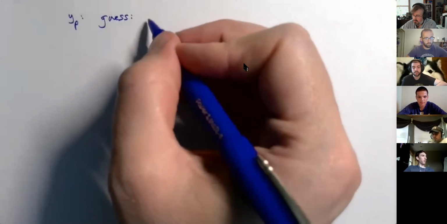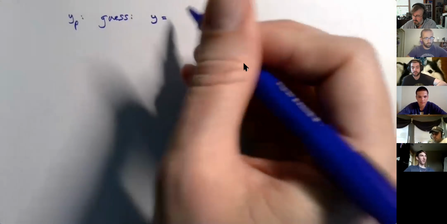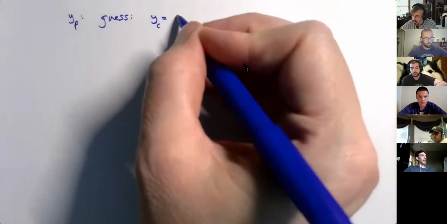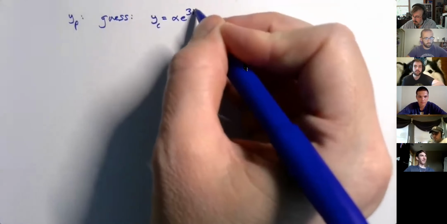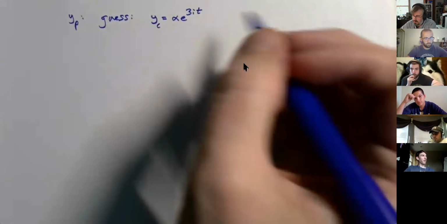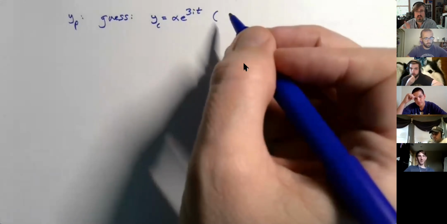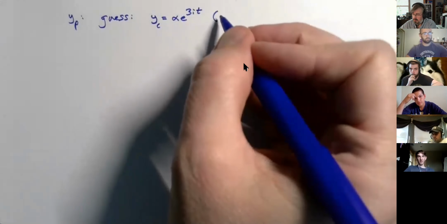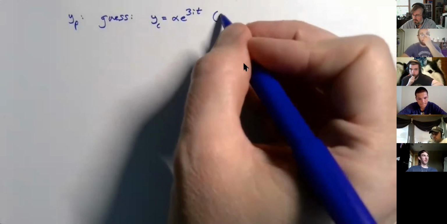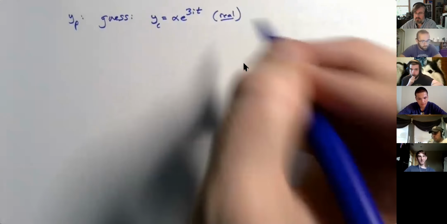So what's our guess? Our guess for y sub c was alpha e to the 3it. Okay. And then if you take that derivative, it should give you. And just to be clear, which part do we care about? What's that? Oh, we care about the real stuff because it's cosine. So that's for later, just remember.